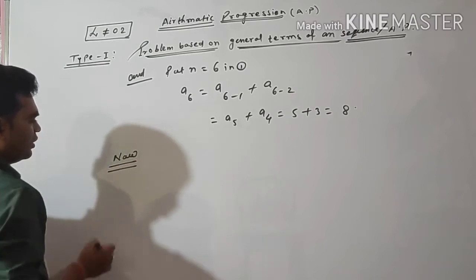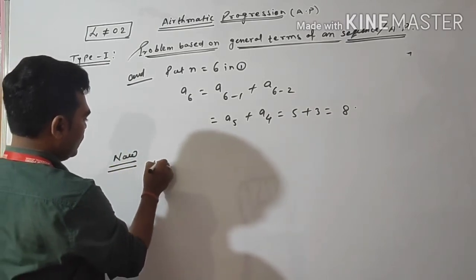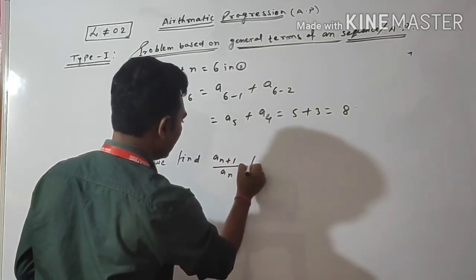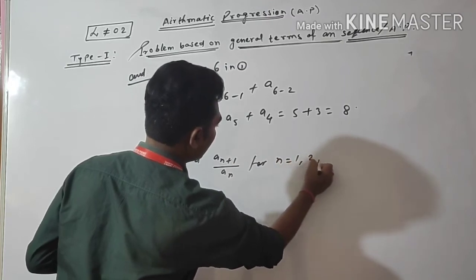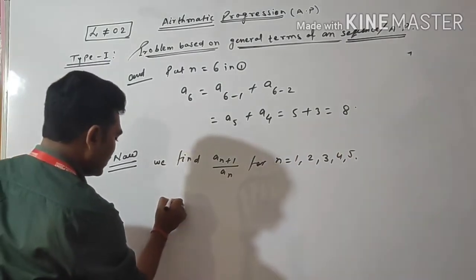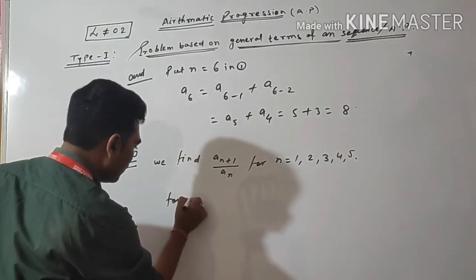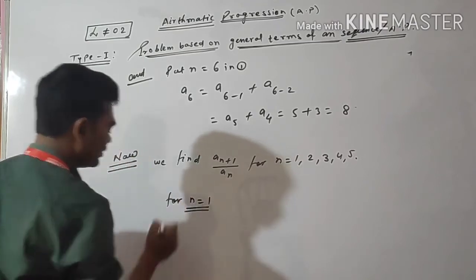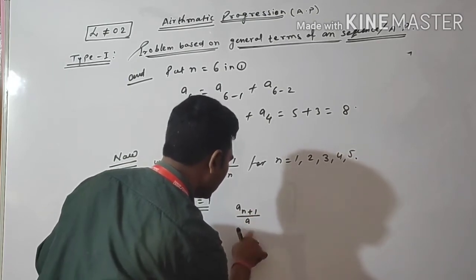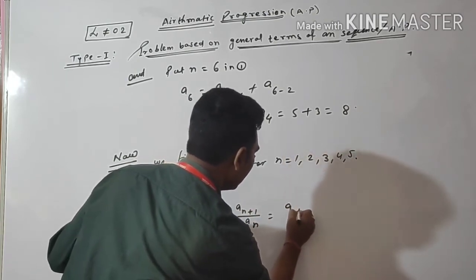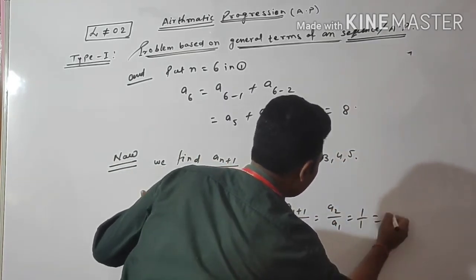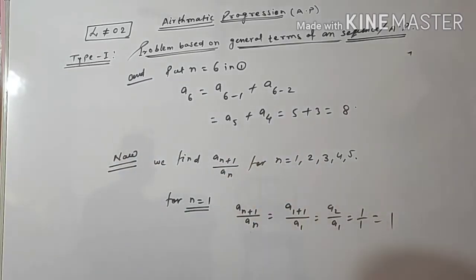Now we find a(n+1) by a(n) for n equal to 1, 2, 3, 4, 5. The first, for n equal to 1: a(n+1) by a(n) is equal to a(1+1) by a1, and this equals a2 by a1, which is 1 by 1 equals 1.